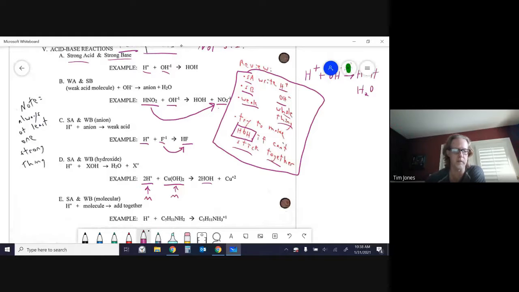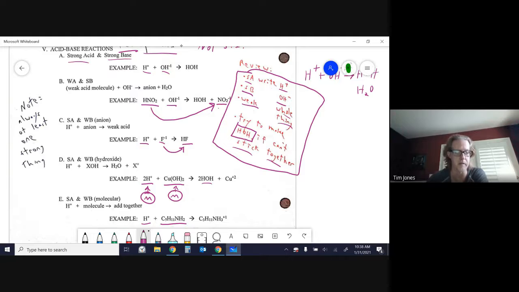But without knowing these two molarities, we can't do more detail at this time. We're just looking at what's happening right now, and we'll see what happens with the changes in the amounts of chemicals that are present. And this last one, strong acid, weak molecular base.